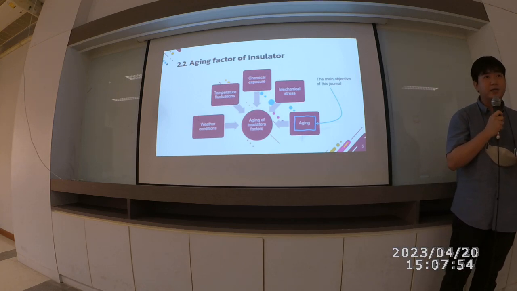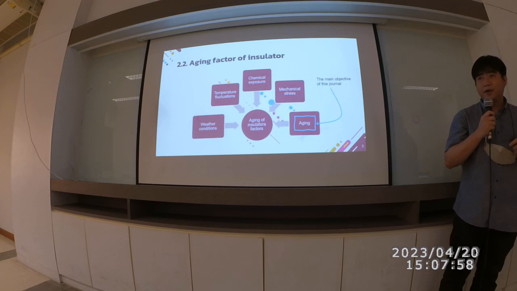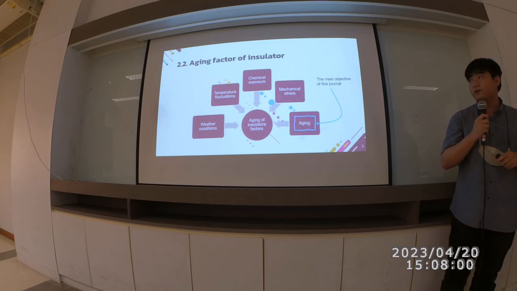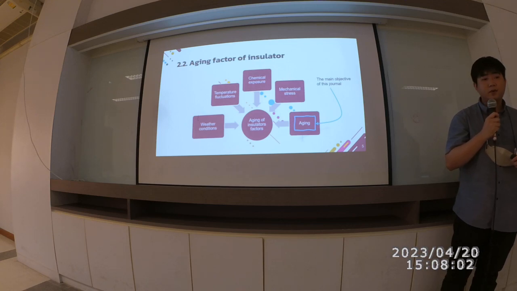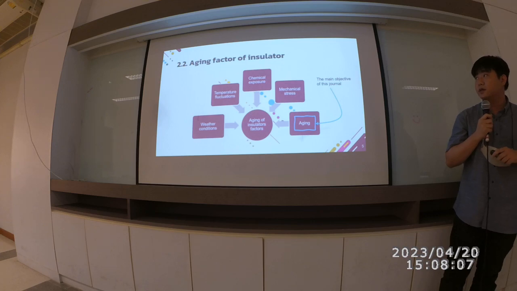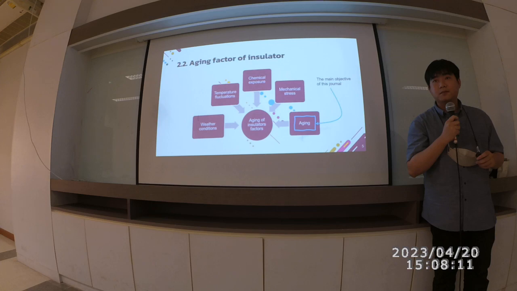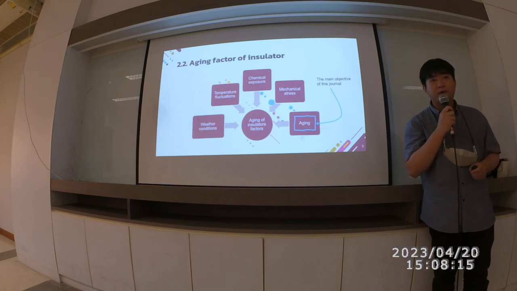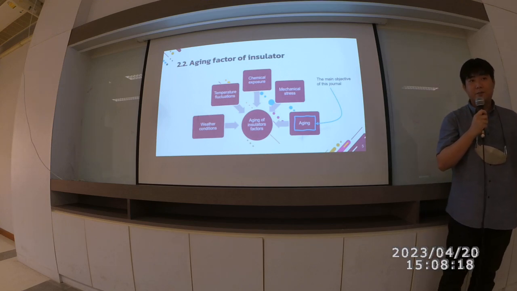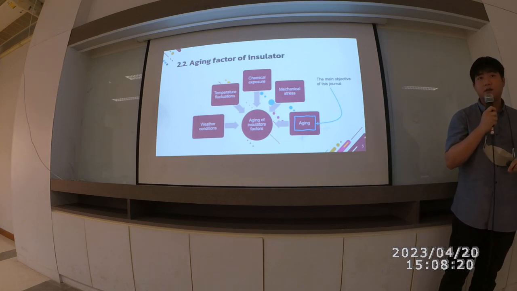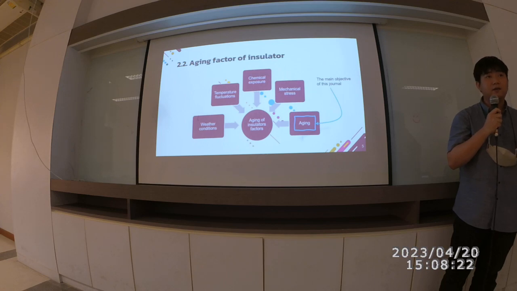Secondly, the temperature change can make the insulator expand or contract, which can damage itself. Thirdly, chemicals from acid rain, industrial pollutants, or animal waste deposit on the surface of the insulator. It can contaminate it, leading to cracks.